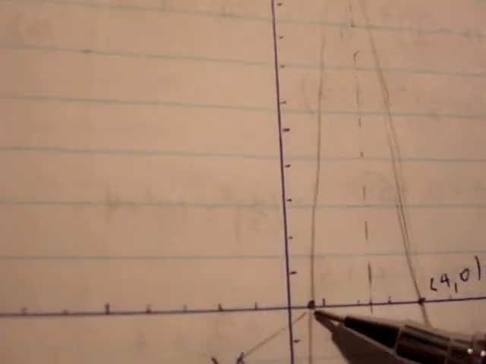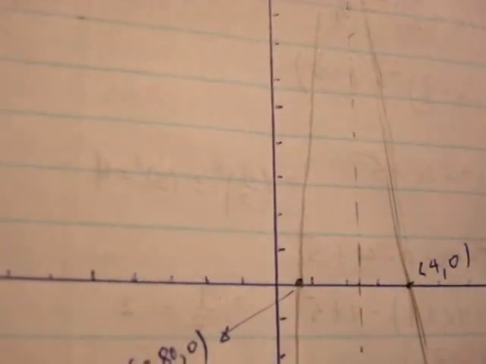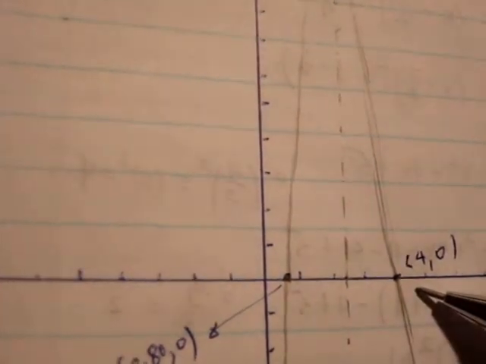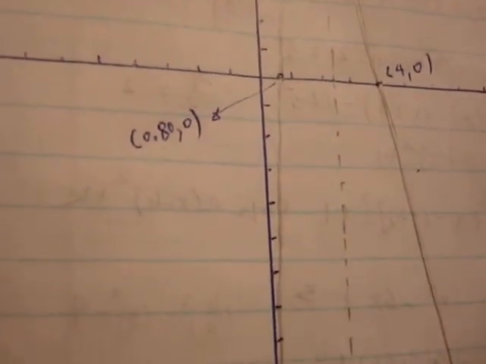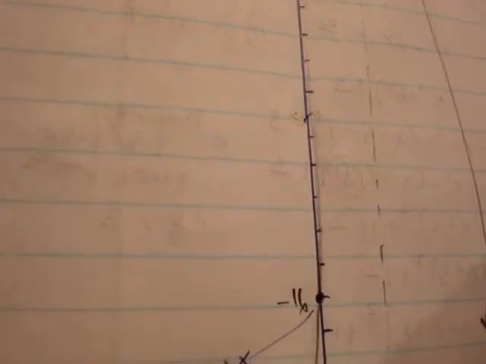So this is the vertex, and right here is one of the x-intercepts that I solved earlier, and the second intercept. And this is the y-intercept right here.